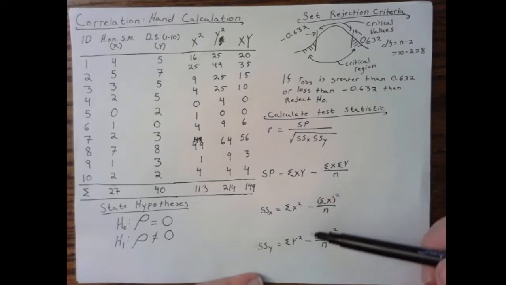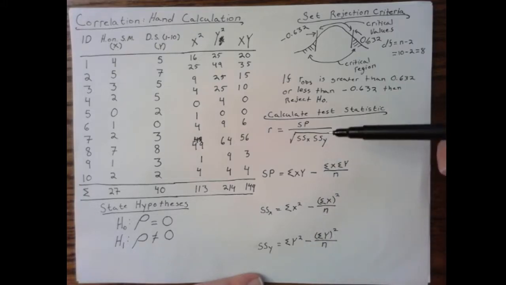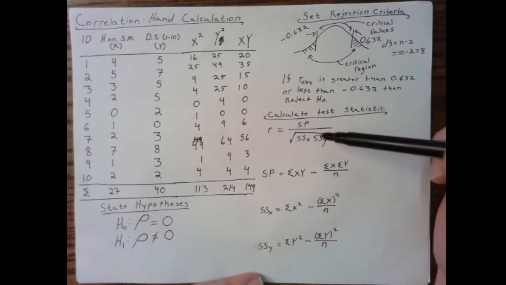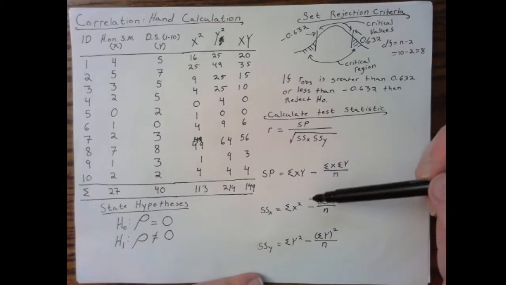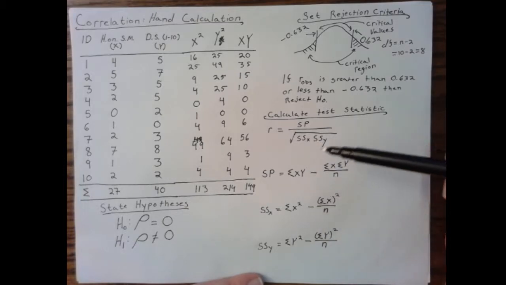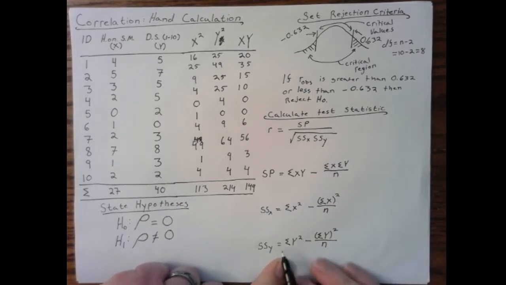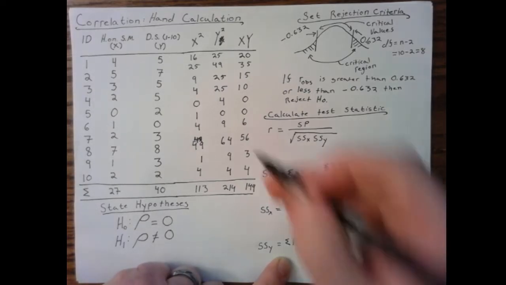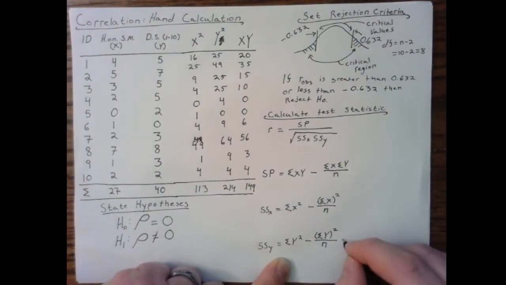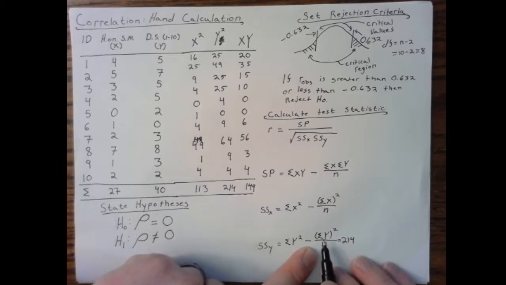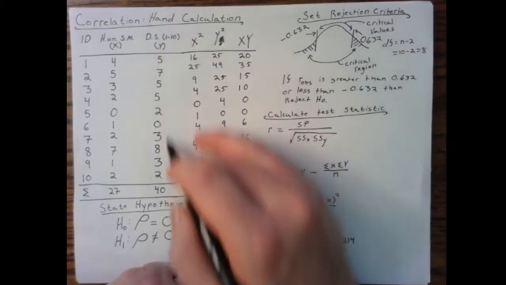Now we could essentially work from the bottom back up, because this is the last formula we'll work with; essentially the output of each of these formulas goes into this one. So starting at the bottom, the sum of squares of y is sigma y squared, 214, minus the sum of the y scores squared, 40 squared.